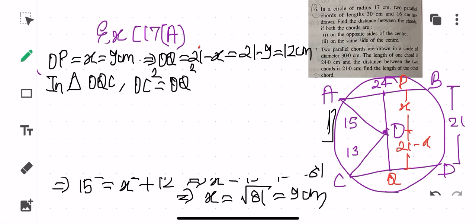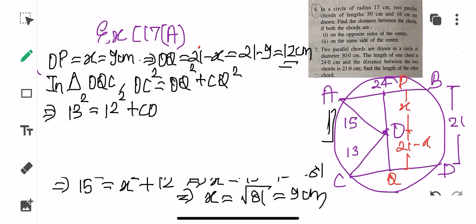So OC square is 13 square, is equal to OQ, which you have calculated as 12, 12 square plus CQ square. This implies CQ square will be equal to 13 square minus 12 square, that is 25, because 169 minus 144 is 25.